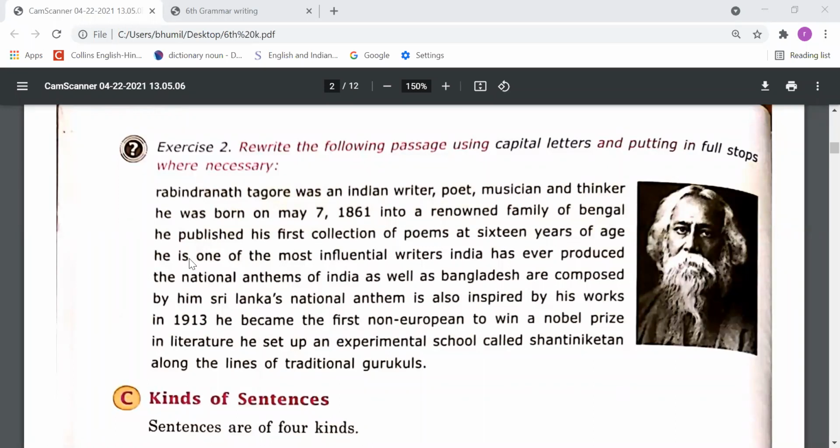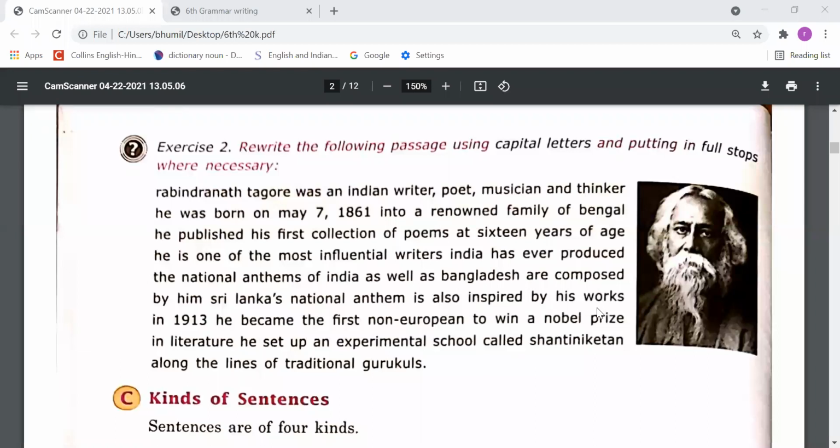Let's read the next part. He is one of the most influential writers India has ever produced. The national anthems of India as well as Bangladesh are composed by him. Sri Lanka's national anthem is also inspired by his works.